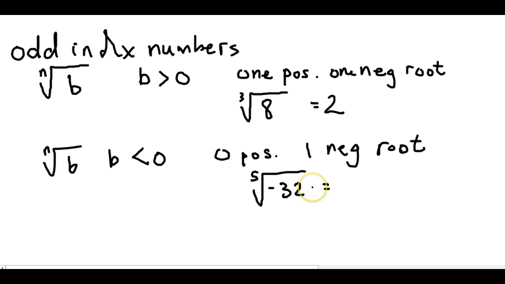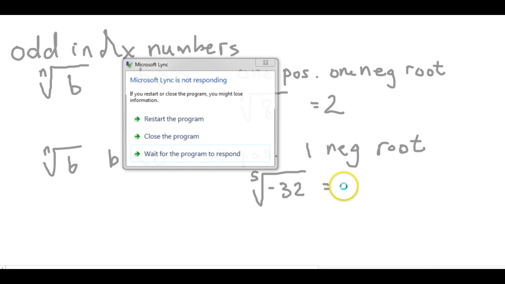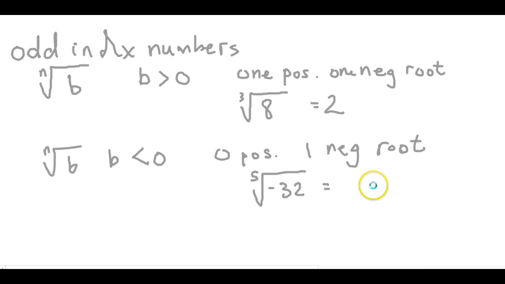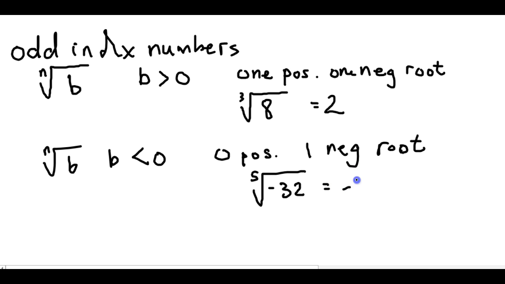And the root is actually negative 2, because negative 2 times negative 2 times negative 2 times negative 2 times negative 2 gives us negative 32. But there's no way to get a positive, so our root is negative 2.